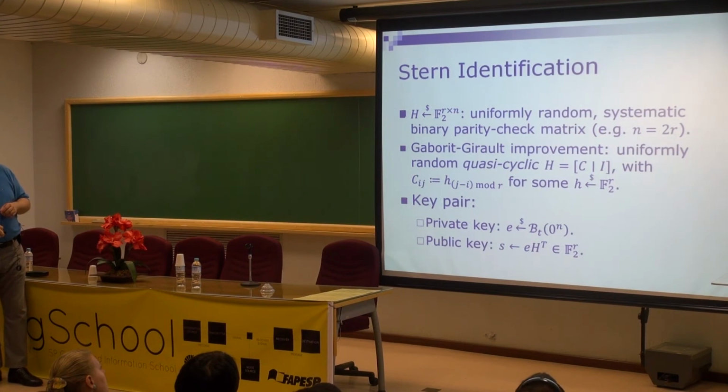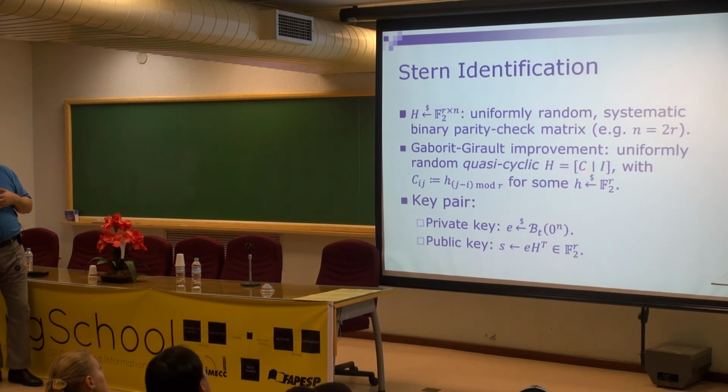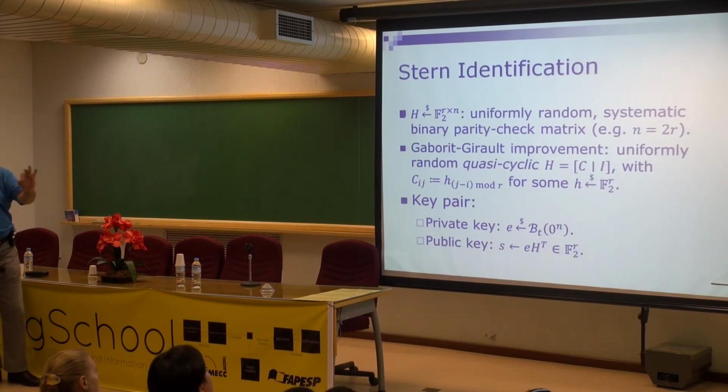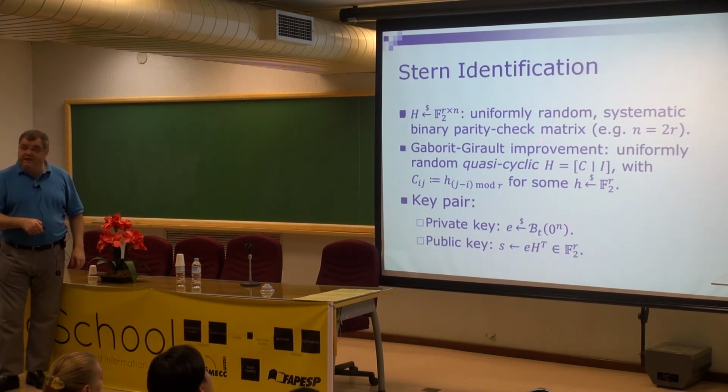There's an obvious improvement here by Gaborit and Girault: choose that square to be a circulant matrix, so you only have to store the first row. It's very compact. We'll see some proposed parameters here. So keys are very, very short.